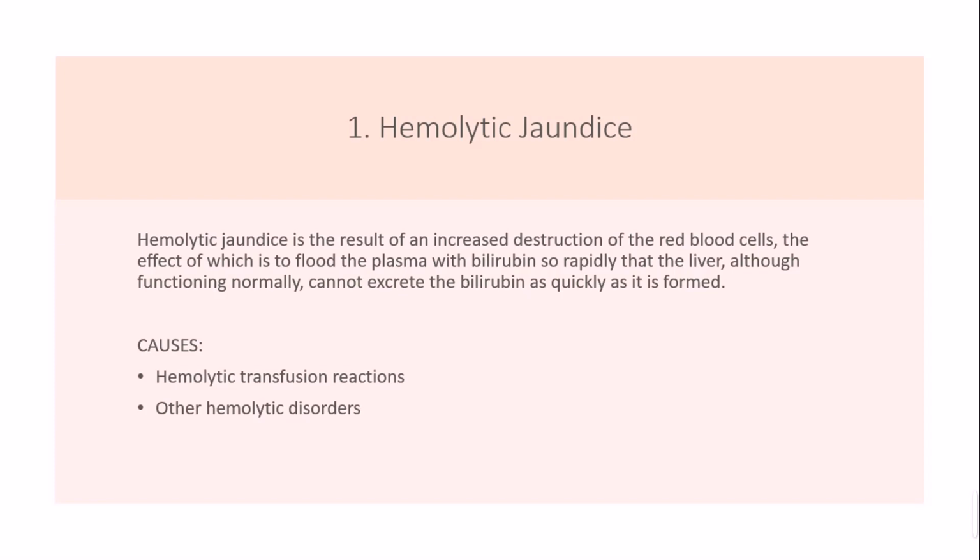So that is the reason there will be a high serum bilirubin level in the blood when hemolysis is happening. Hemolytic jaundice happens because of a hemolytic transfusion reaction, and other hemolytic disorders, like hemolytic anemia, and other disorders which cause blood cells to break down.